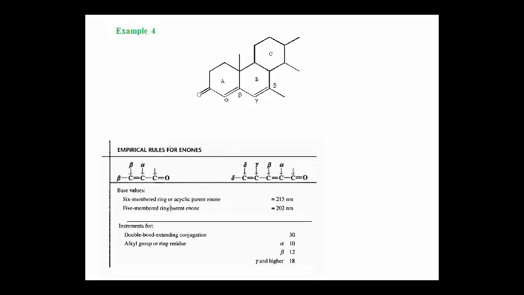The two of importance are if the enone is a part of a six-membered ring or an acyclic system that is not a part of a ring, the base value, the starting value, is 215 nanometers. If the enone is part of a five-membered ring system, then the base value is 202 nanometers. And we note here that the enone is part of a six-membered ring. Therefore, our starting base value is 215 nanometers.